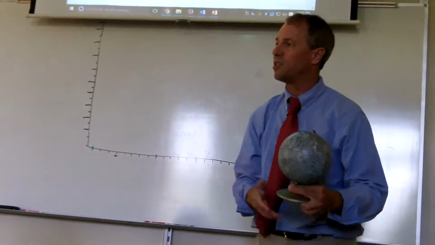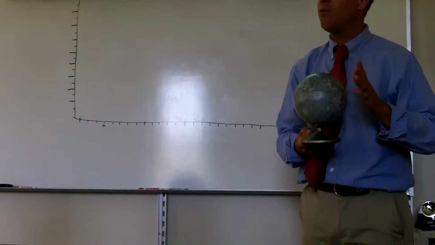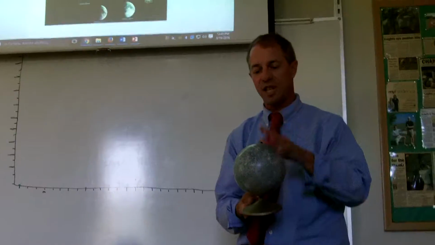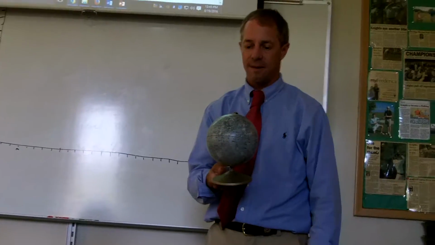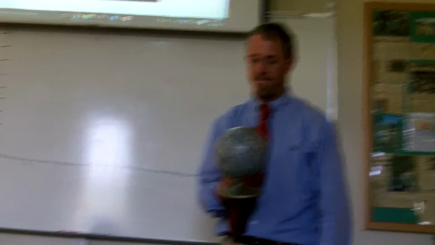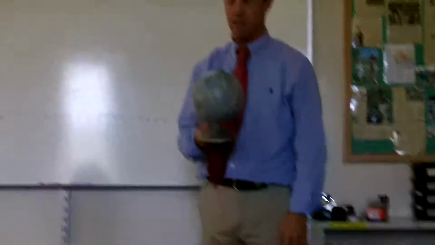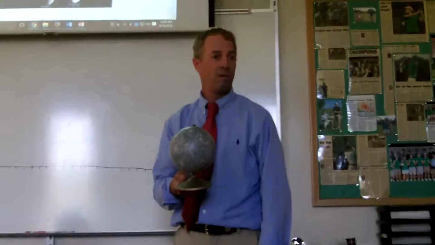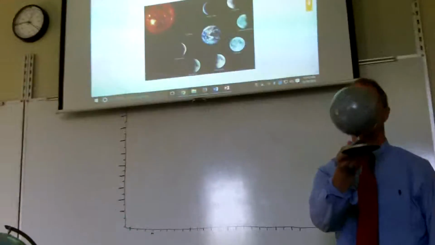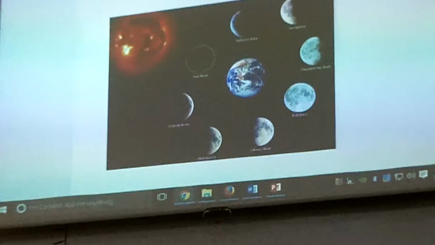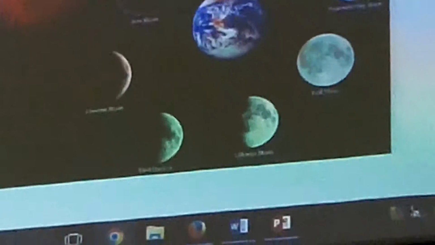Here's an interesting question. At any one time, what percent of the moon is lit? Is lit up, is bright. Anyone know? 25, 23%. 35%. You guess. 18%. 27. 64.